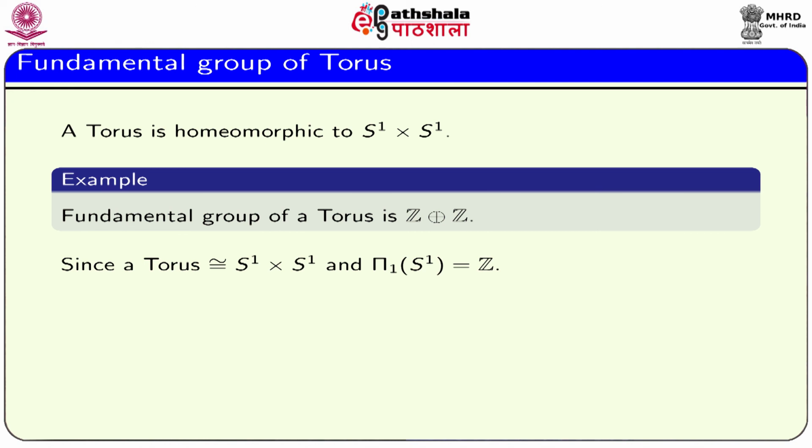So, using the last corollary, we get the example that the fundamental group of a torus is the direct sum of Z with itself.